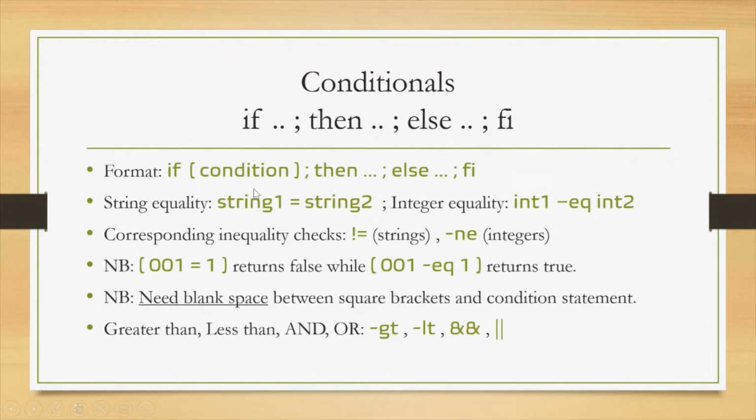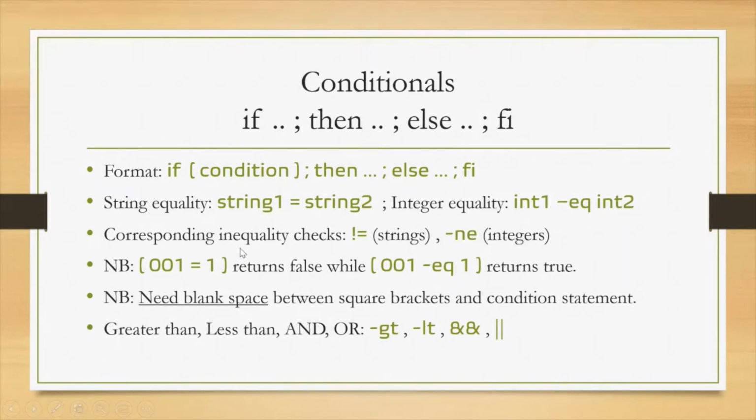So there are many conditions that you can check. Here are a few. So if you want to check if two strings are equal, you just use an equal to sign, not the double equal to as many other programming languages do, just a single equal to will do. If you want to compare integers, you use the -eq.